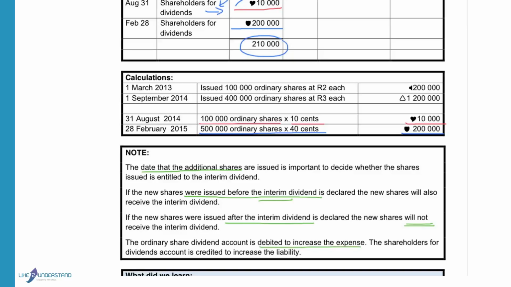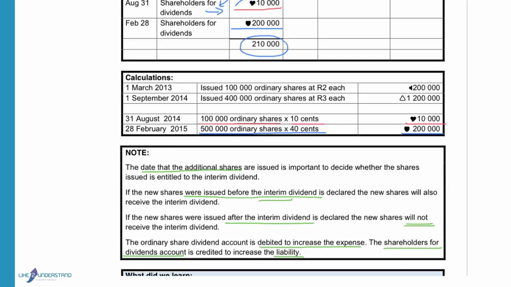The shareholders, my owners, is a liability, and we will credit shareholders for dividends to indicate that the business owes the money to the shareholders. Why do they owe it? For the dividends. And because they still owe the money to the shareholders, it means that the shareholders at this stage is a liability.